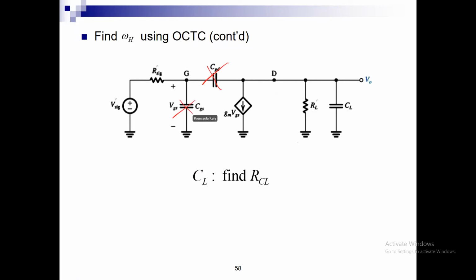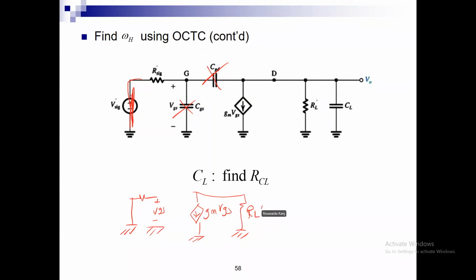We're going to set this to ground. So basically, I have RSig connected to ground. What is VGS? And then I have here a GM VGS, and I have RL prime, and I have C load.